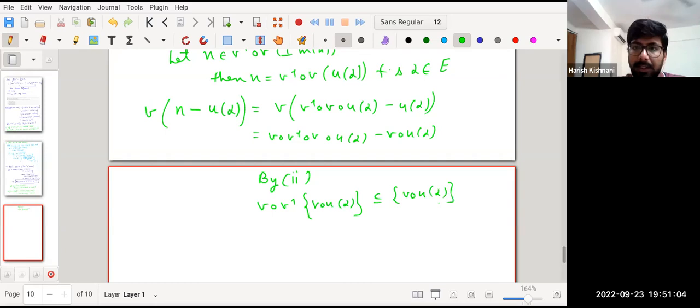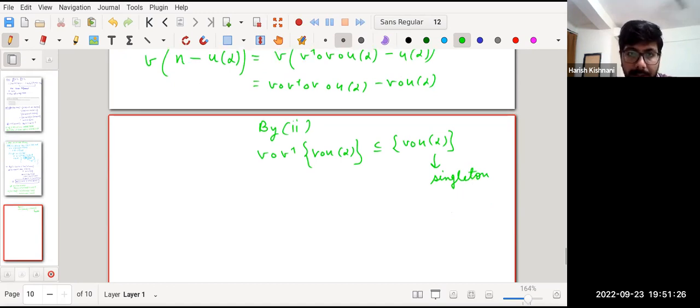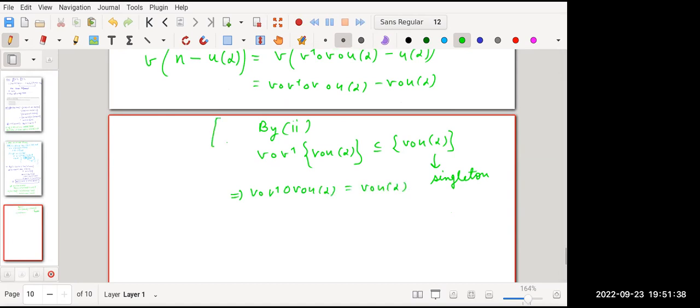But this set is singleton once your alpha is fixed. So this is inside V of U of alpha, and this set is singleton. What does this mean? That your V composed V inverse composed V of U alpha is same as V of U of alpha.